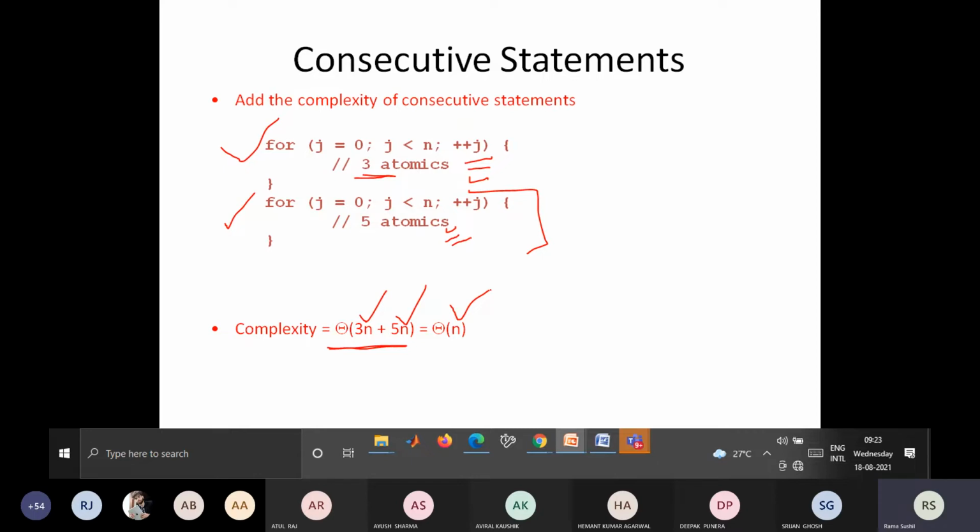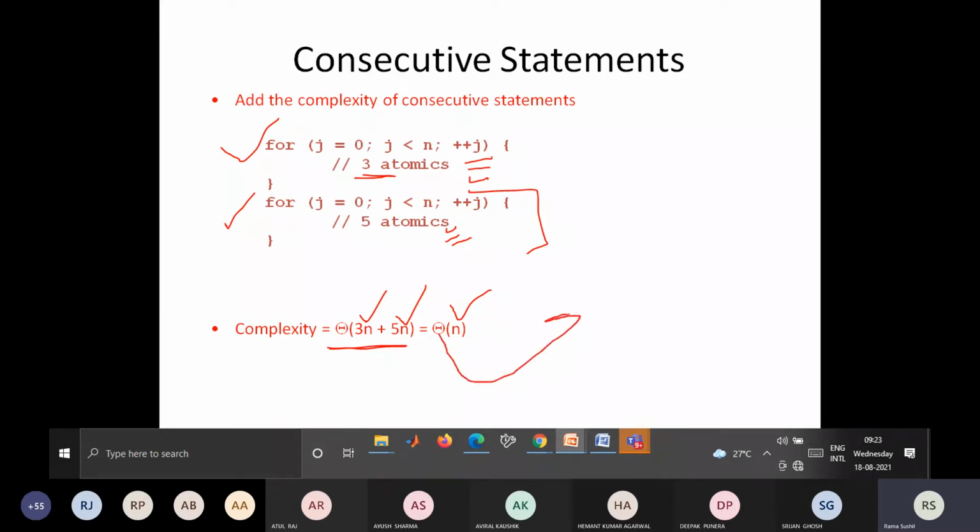But I would always suggest giving a note on the logic you are using for representing the complexity. For example, here you will say that for the first loop there will be 3 statements which will run n times depending on the loop size. The loop is from 0 to less than n, so 3n times it will run, and 5n times. So the total step count is 8n, and that is of order n, so theta n is written.